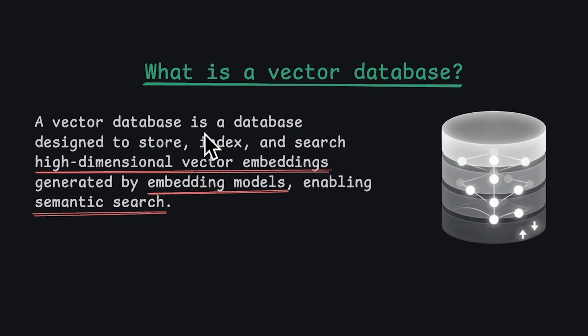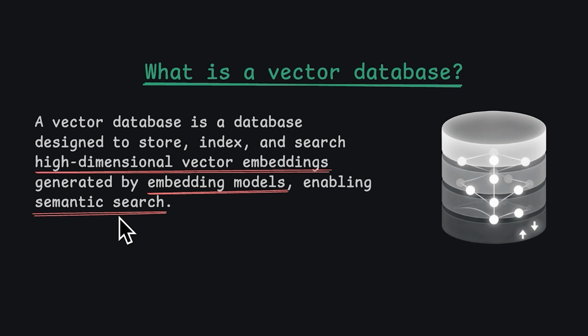A vector database is a database designed to store, index, and search high-dimensional vector embeddings generated by embedding models, enabling semantic search. Now at first glance, this definition might actually feel a bit confusing, and that's completely normal as it hides several fundamental concepts that power vector databases.